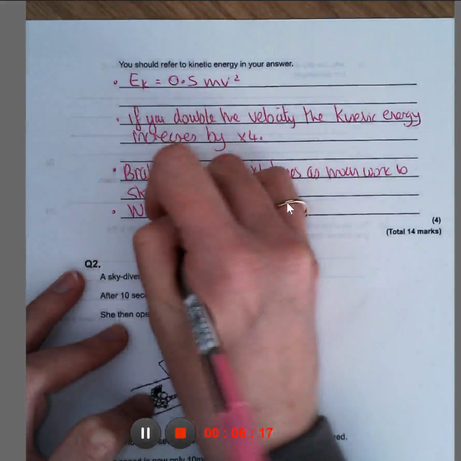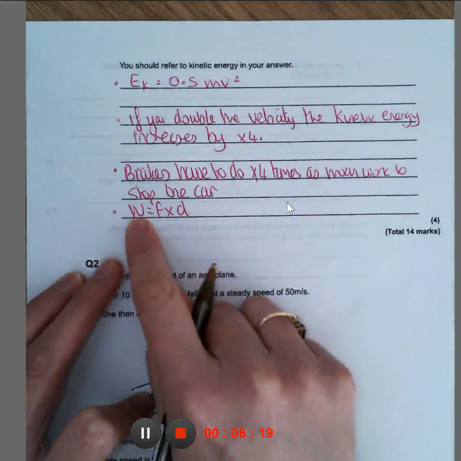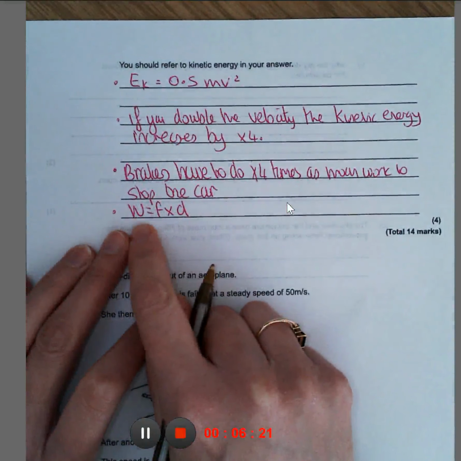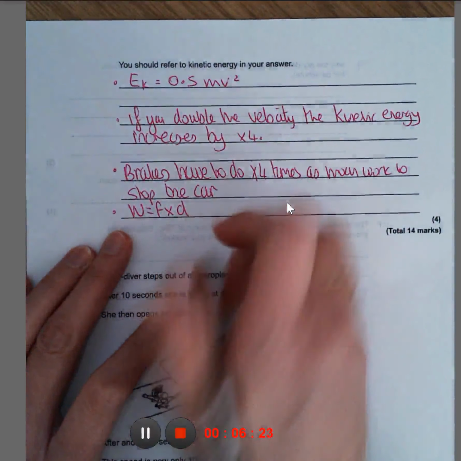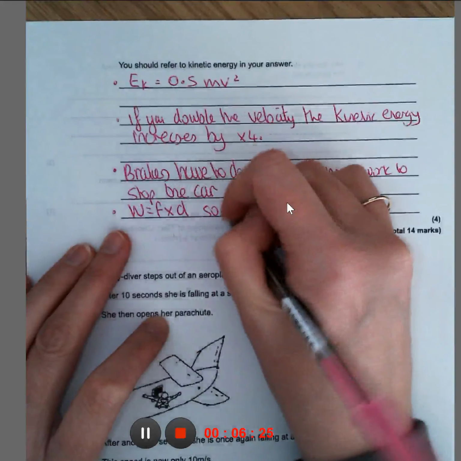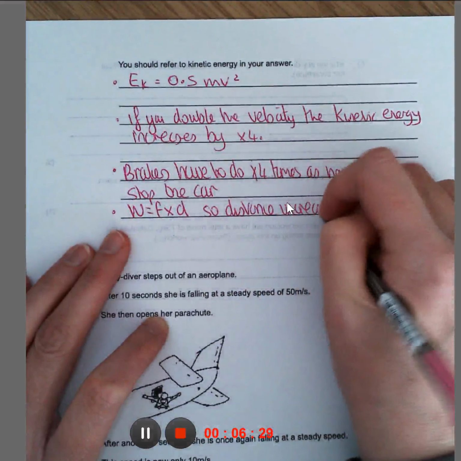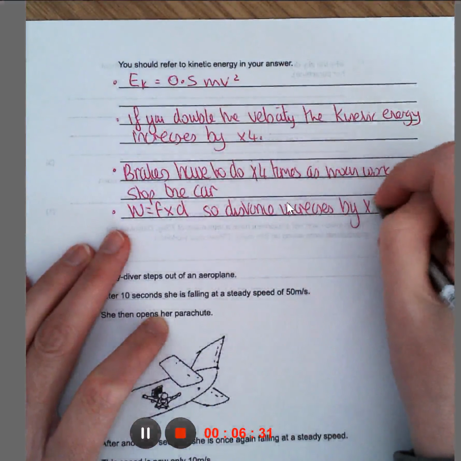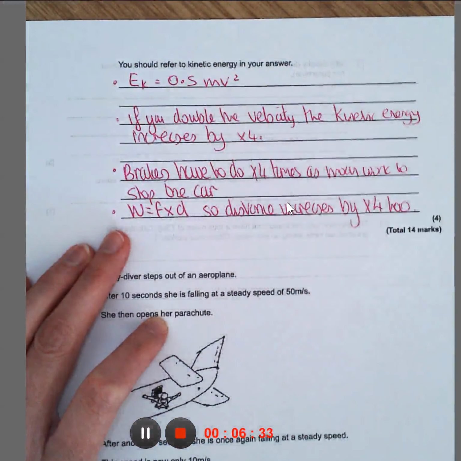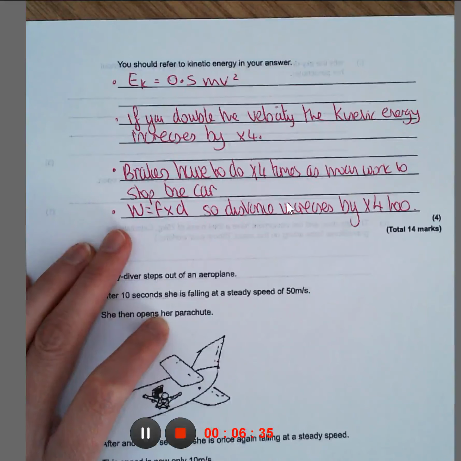Work done is force times distance, so if they have to do 4 times as much work, then the distance increases by 4. Okay, 4 marks available there.